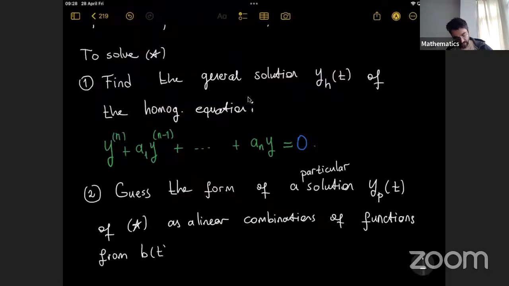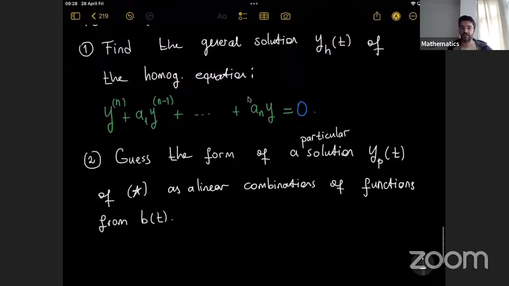So this part is tricky, okay? How do you guess such a solution? We will go over this in the examples, okay? It's not difficult, but it's not trivial, I will say.